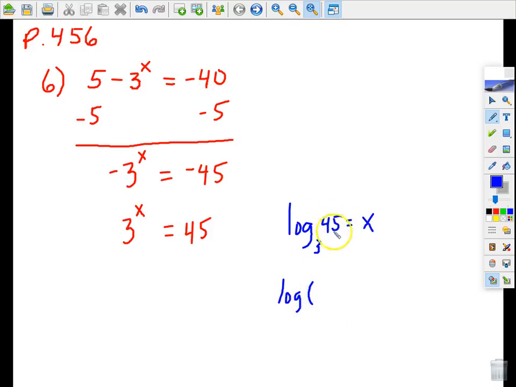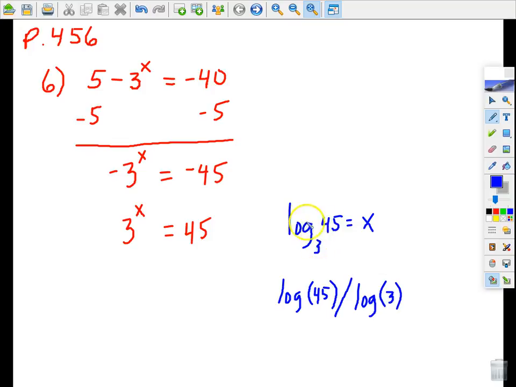So I'm going to input this top number, 45, and then I'm going to close the parentheses. So you've done log, you've put in the number 45, you close the parentheses, and now do divided by, hit your division symbol, hit the log button again, and this time you're going to put in the base number.